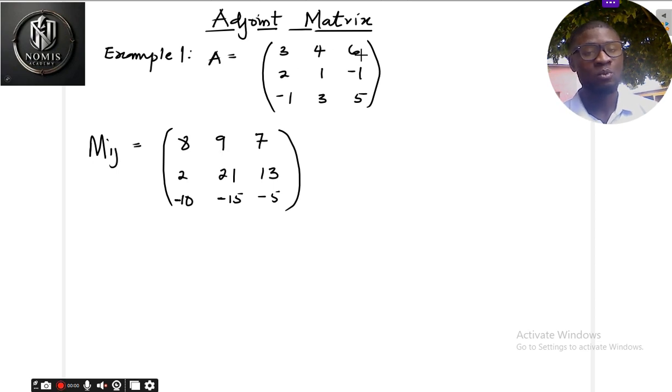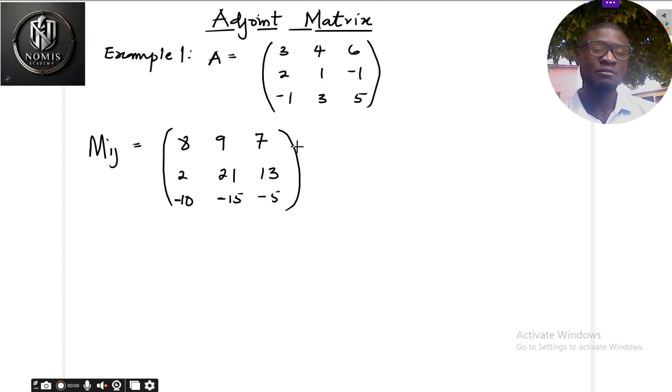When 6 is picked, such that the row of that 6 and the same column are deleted, we have 2, 1, minus 1, and 3. The determinant of this gives us 7. That was how we got the determinant, and that's how we got the minor. Eventually, when we find the determinants, one is subtracted from the other and then added with the last one. Then we have this minor.